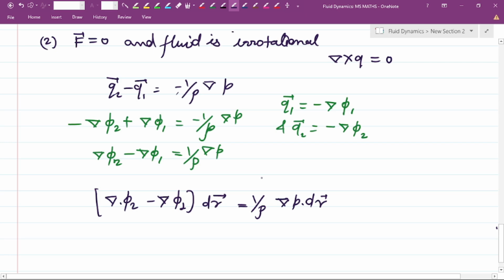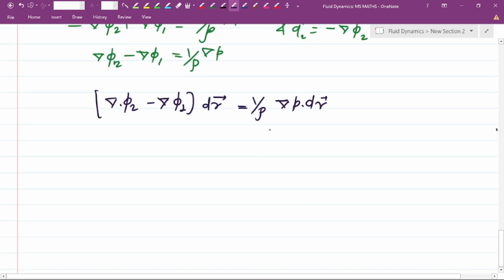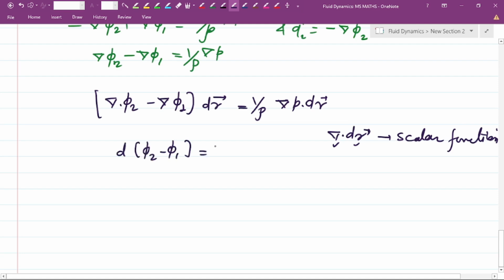This is a scalar function because the dot product of vector quantities is a scalar. So this is the derivative of phi 2 minus phi 1, which is the derivative of 1 upon rho dp, or simply p. Then taking the integration on both sides, we can write phi 2 minus phi 1 is 1 upon rho p plus constant c.